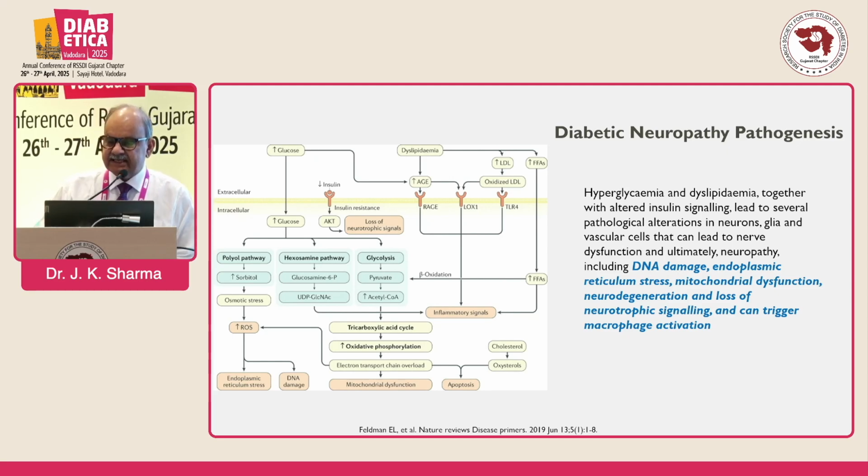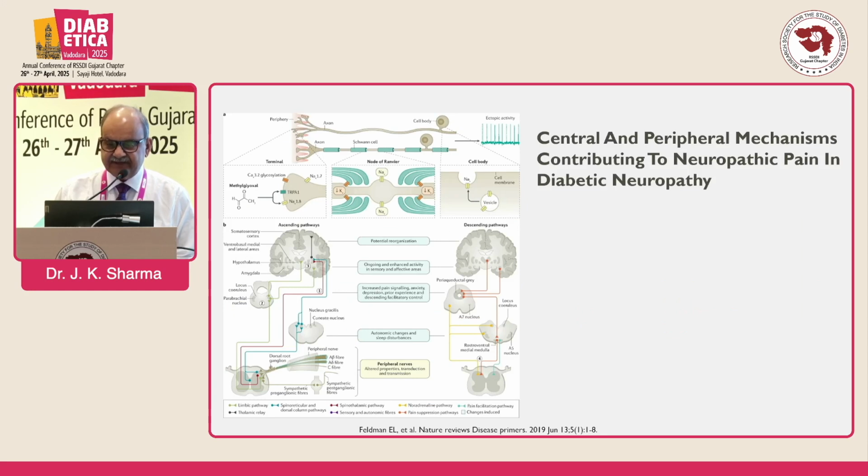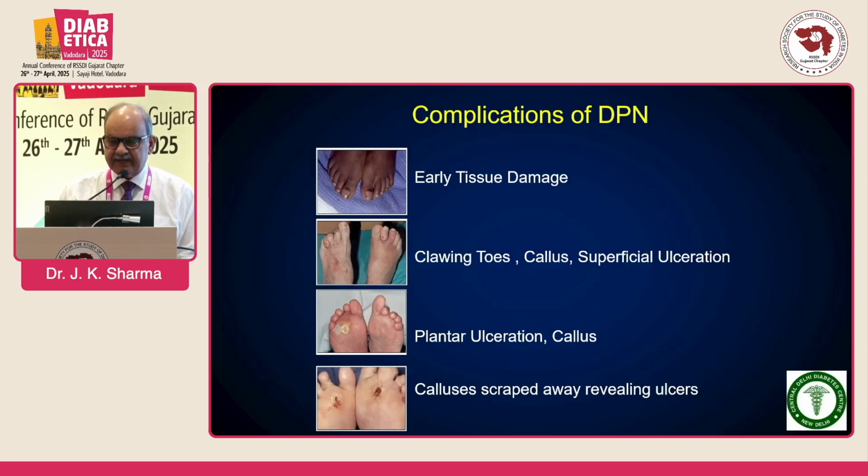So hyperglycemia and dyslipidemia together with altered insulin signaling lead to several pathologic alterations in neurons, glia and vascular cells that can lead to nerve dysfunction and ultimately neuropathy, including DNA damage, endoplasmic reticulum stress, mitochondrial dysfunction, neurodegeneration, and loss of neurotrophic signaling, and can trigger macrophage activation. And both the central and the peripheral mechanisms contribute to the neuropathic pain in diabetic neuropathy.